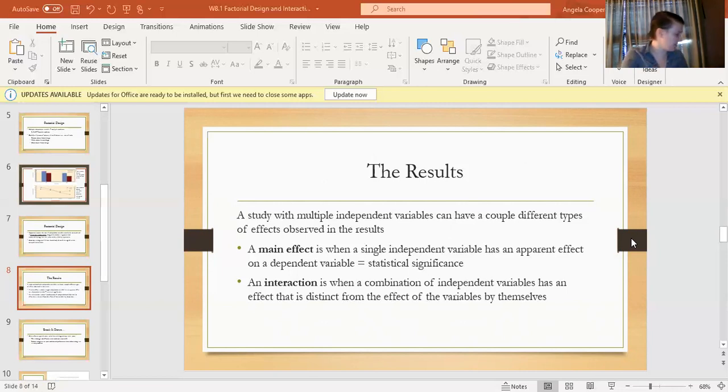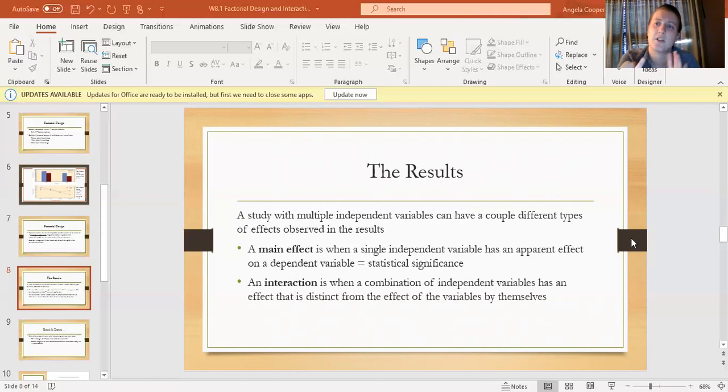Now, interactions can only occur when we have more than one independent variable. So we've had multiple examples of more than one independent variable. The time period and the type of therapy that people received, that was a multi-independent variable study.